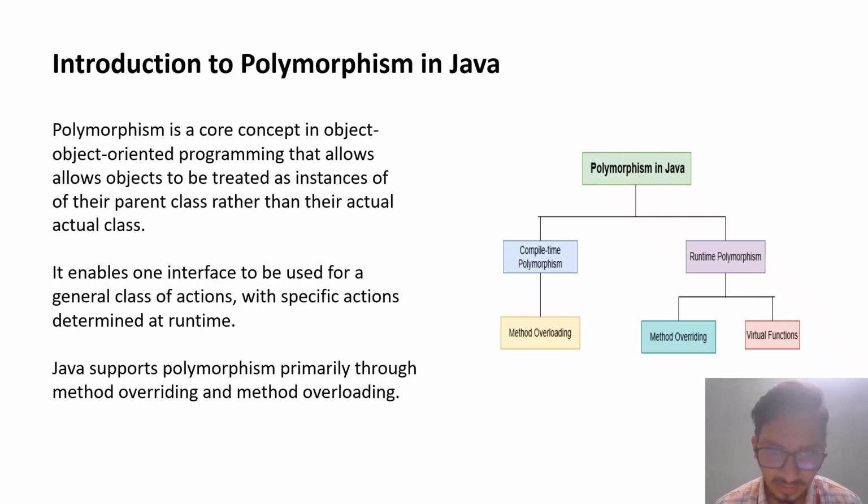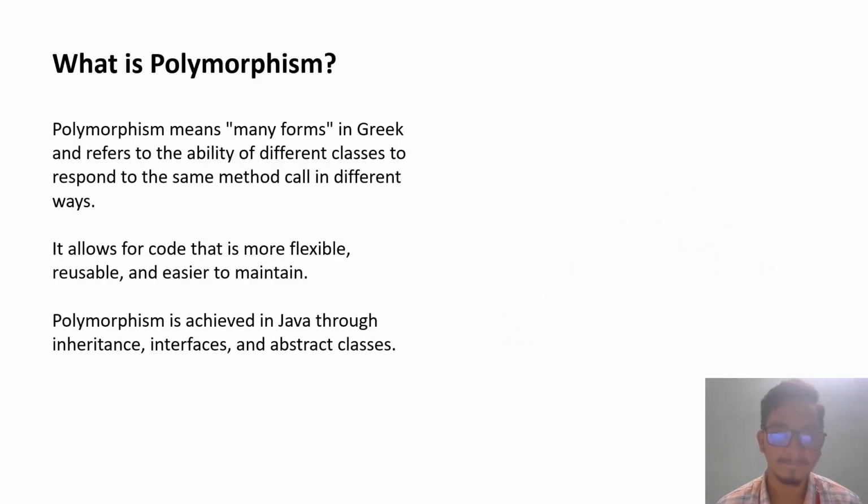It enables one interface to be useful for a general class of actions, with specific actions determined at runtime. Java supports polymorphism primarily through method overloading and method overriding.